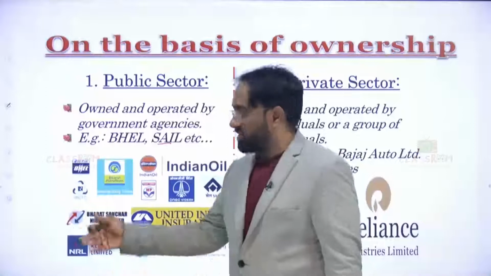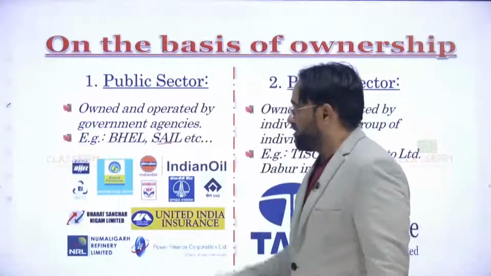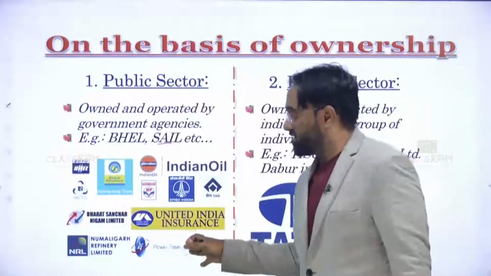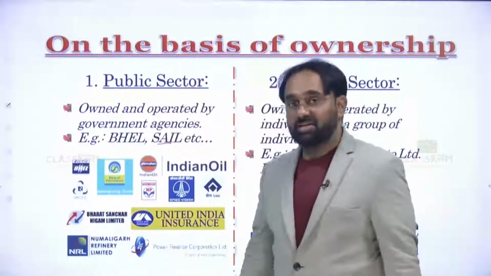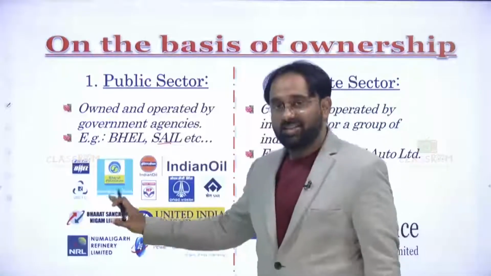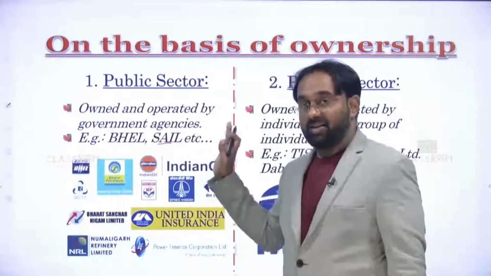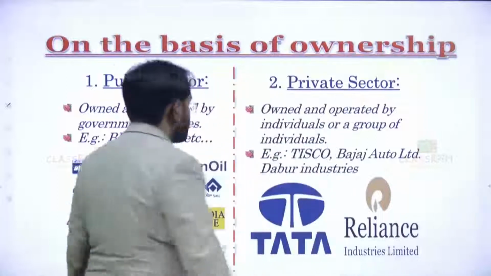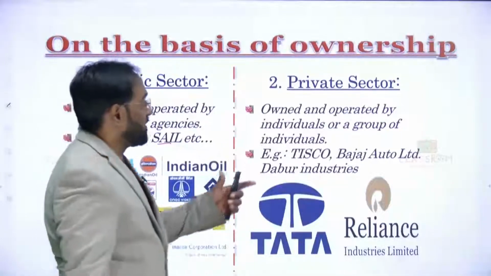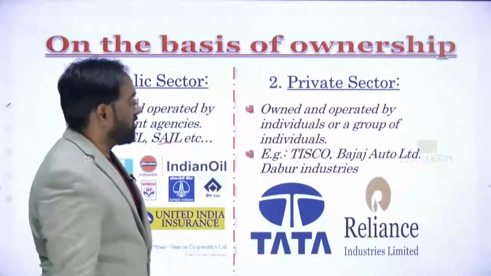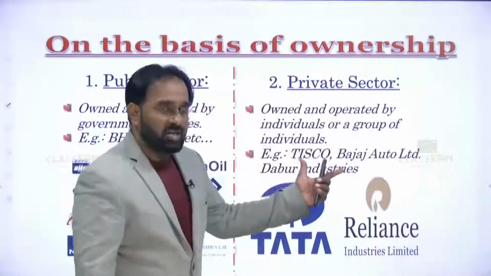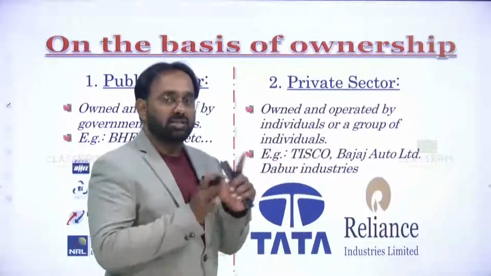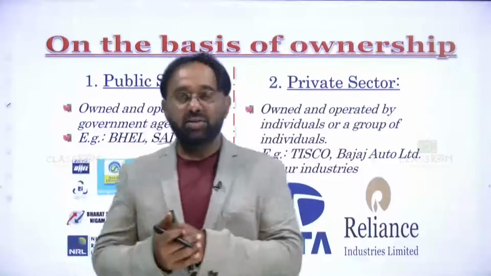BHEL, your railways, Bharat Petroleum, Indian Oil, ONGC, SAIL, United India Insurance, Bharat Sanchar, BSNL, all such are public sector undertakings run directly by the government of India. Okay. Private sector is owned and operated by individuals or a group of individuals: Tisco, Bajaj Auto Limited, Dabur Industries, Reliance, Tata, all these. Now you understood different types of industries.